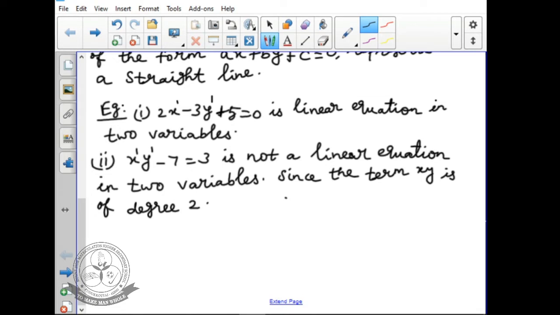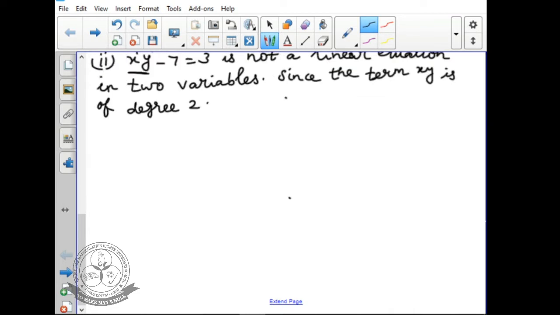The second example they have given, xy minus 7, the xy term has degree 2, so this is not a linear equation in two variables. Next, in the graph we get it like this, a straight line.